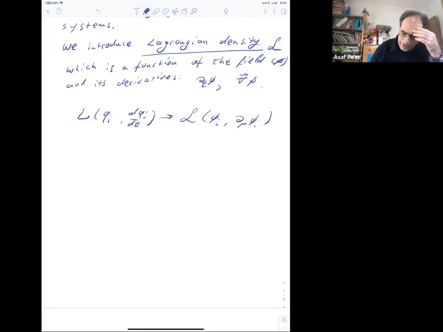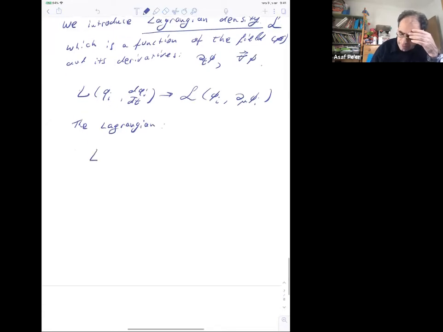So we can always define the Lagrangian by integrating over the Lagrangian density. Integral of L over space. So you take a volume element and you integrate the Lagrangian density and you get the Lagrangian.